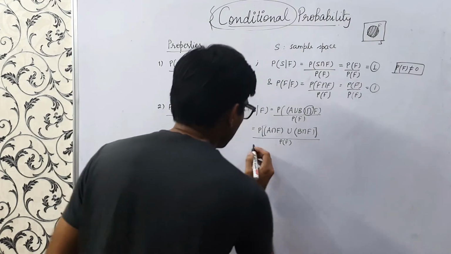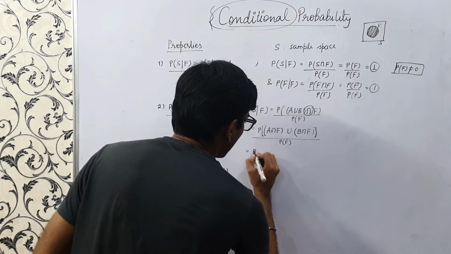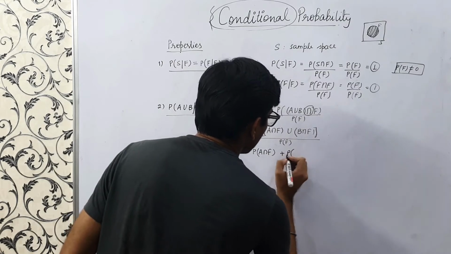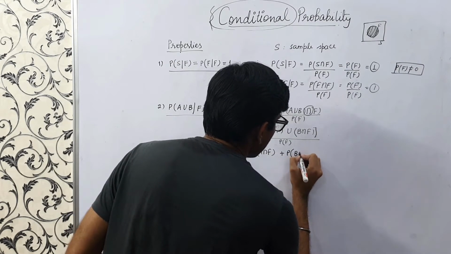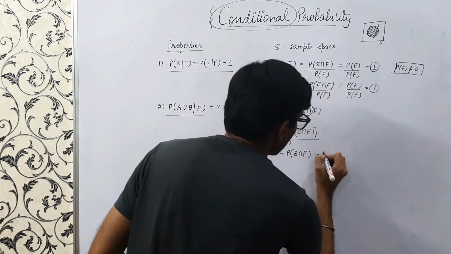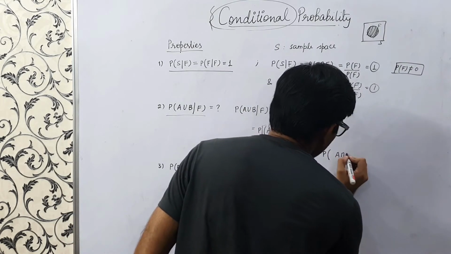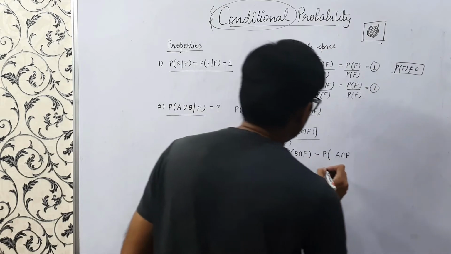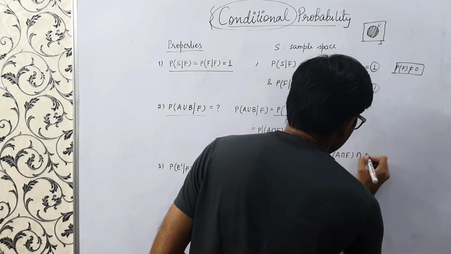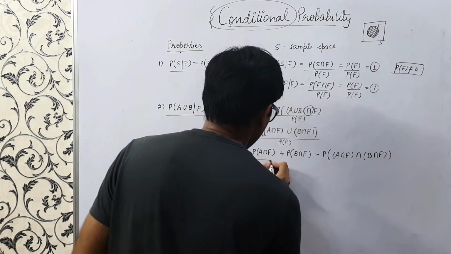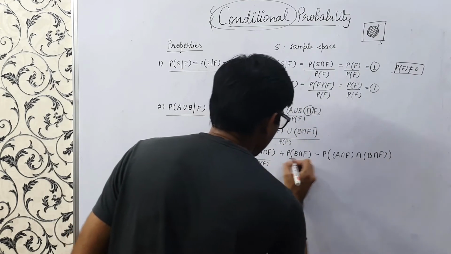So this will be probability of A intersection F plus probability of B intersection F minus probability of A intersection F intersection B intersection F, and we'll have probability of F here.